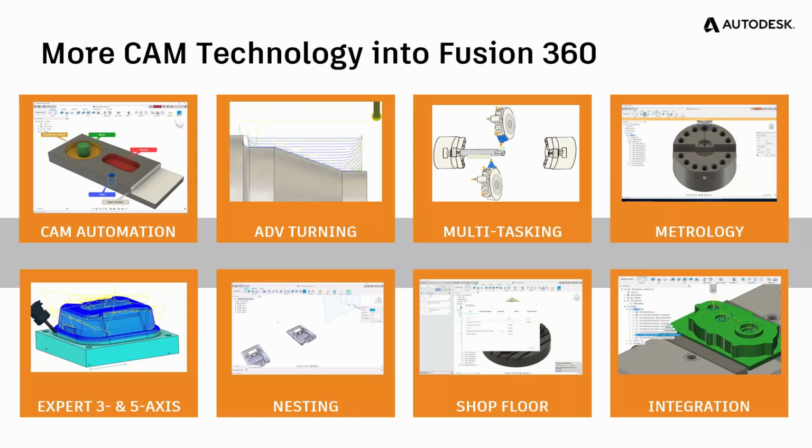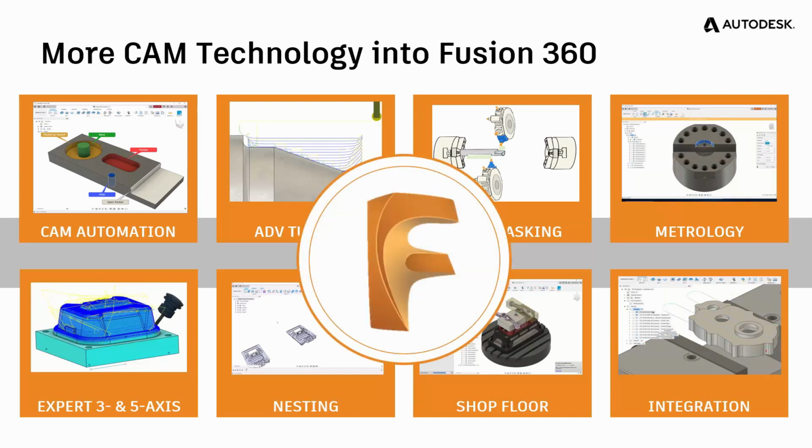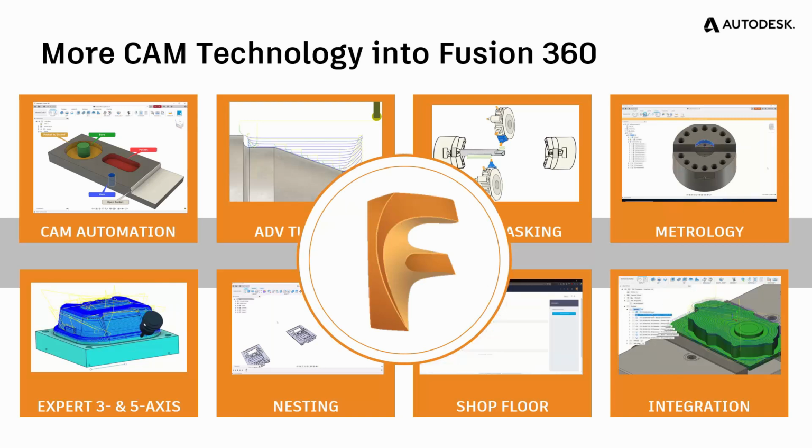The key thing here is that we have a vision to deliver all of this and more through the Fusion 360 platform. And with that, I will bring our presentation to a close.